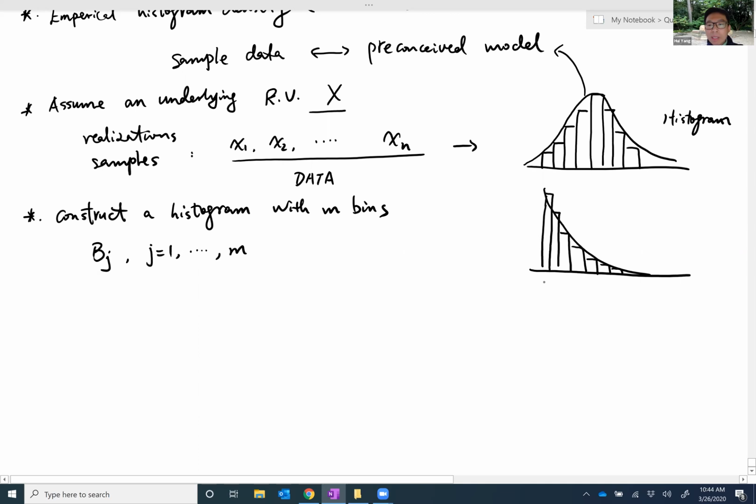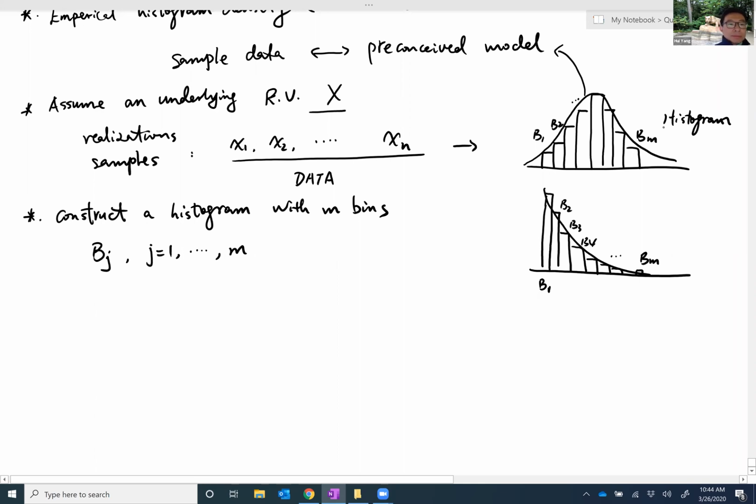So this will be B1, and then we have B2, B3, B4, up to, if we have a bin here, this will be the bin m. So those are all the bins you have: B1, B2, all the way to Bm.